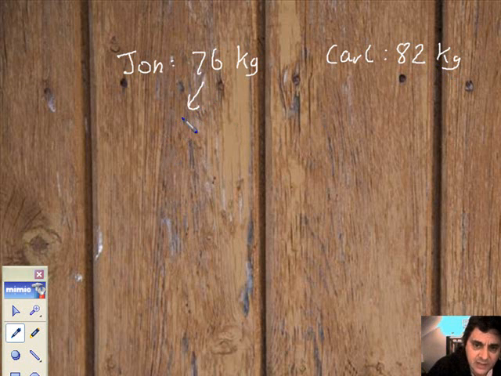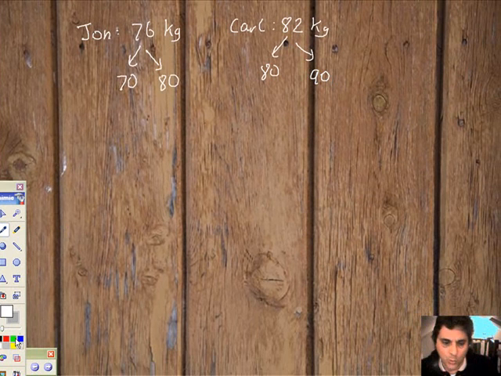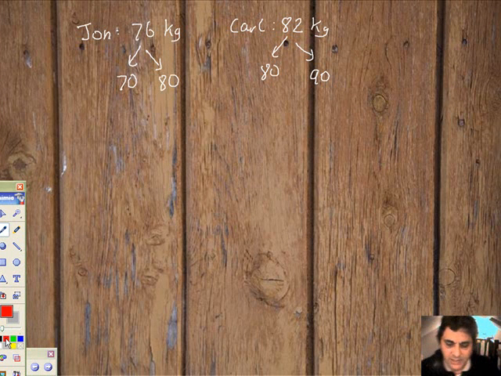Now let's look at it carefully. 76 can be called 70 or 80. Carl's 82 can be called 80 or 90. The question is, which of these is each one nearest to?